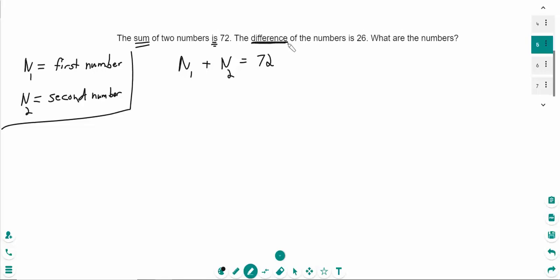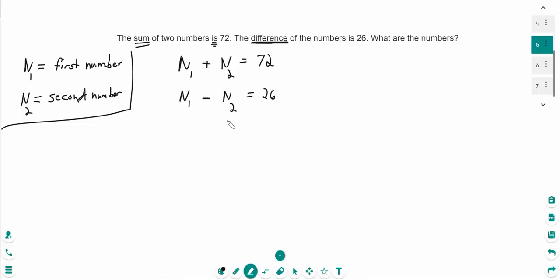In mathematics, difference is the solution to a subtraction problem, right? So if it's the solution to a subtraction problem, we're talking subtraction here. So just as their sum is the addition, their difference is the subtraction of the two numbers. So we're going to have N sub 1 minus N sub 2 is equal to 26.